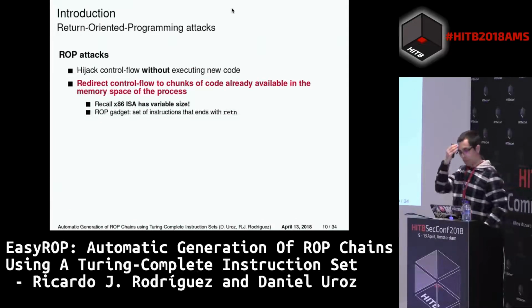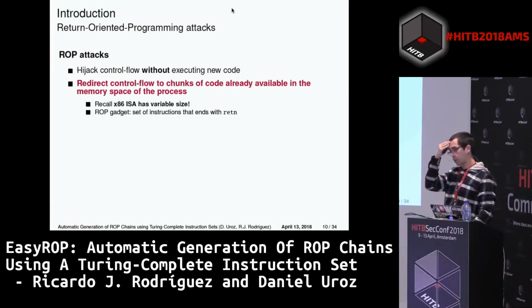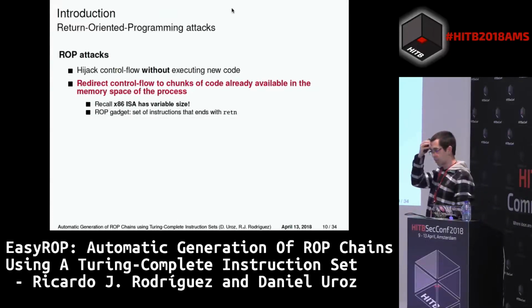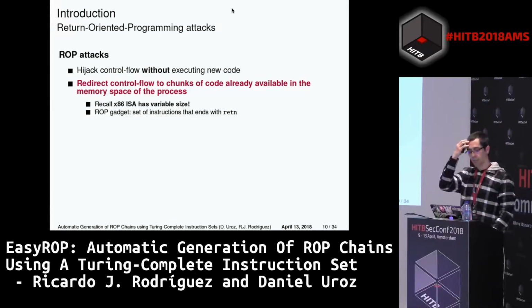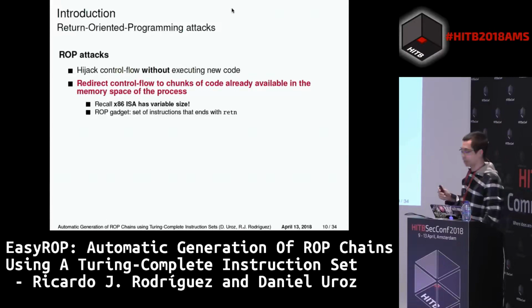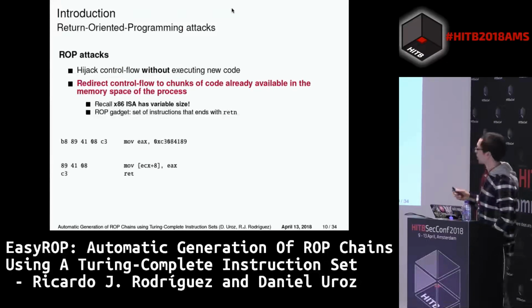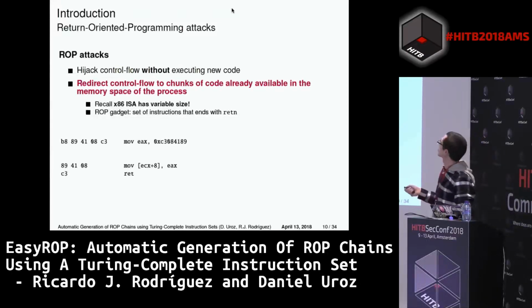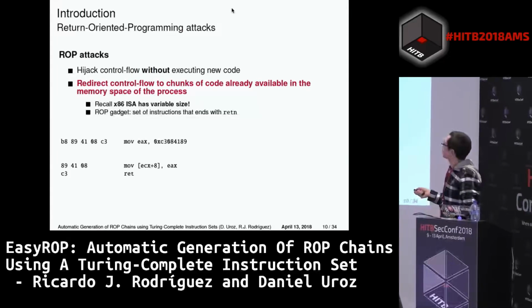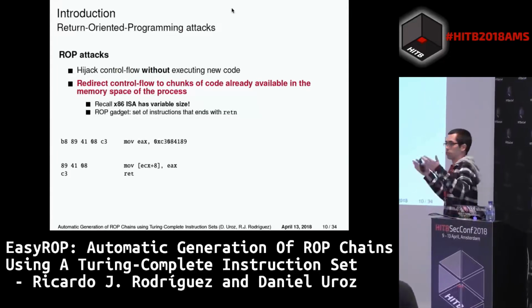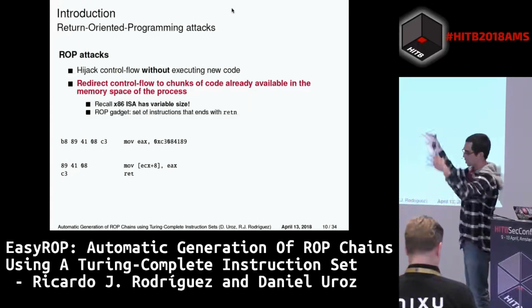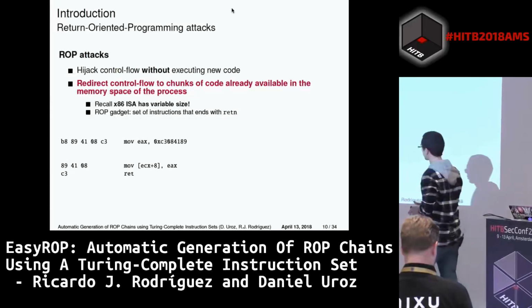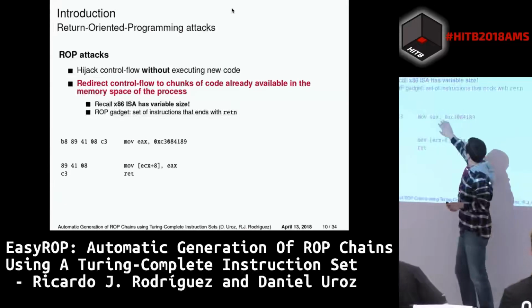So, what is the thing here is that we are talking about, for instance, Intel x86. Let me remind you that the instruction set architecture has a variable size. This means that if we have an instruction like this one, okay, this is a legitimate instruction that we can have in our code. I don't know what this code is doing, but I mean the general idea. In this instruction, we are setting this value into this register.